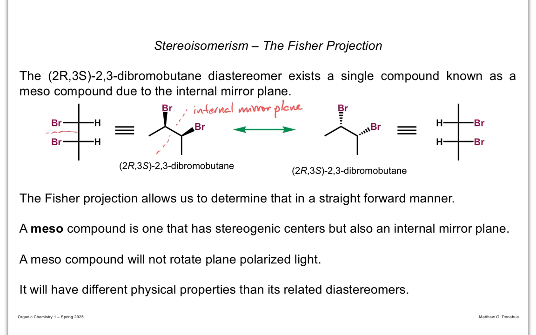And then that's the internal mirror plane. So the H's mirror, the bromines mirror, and then the methyls mirror. And that allows you to determine the stereochemical relationships in a more straightforward manner than the zigzag does.